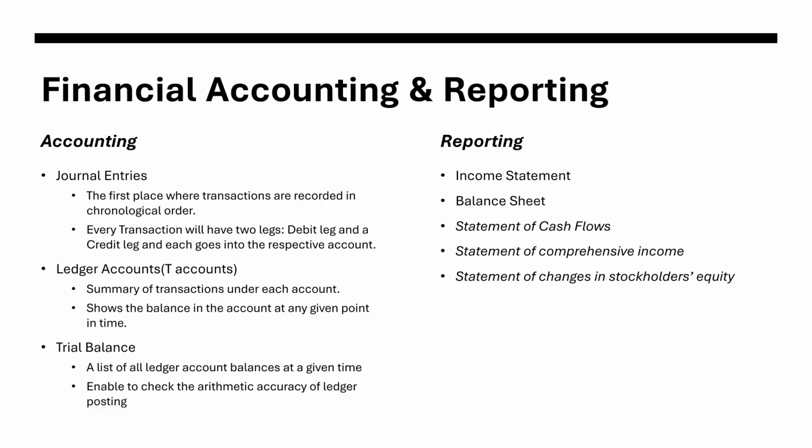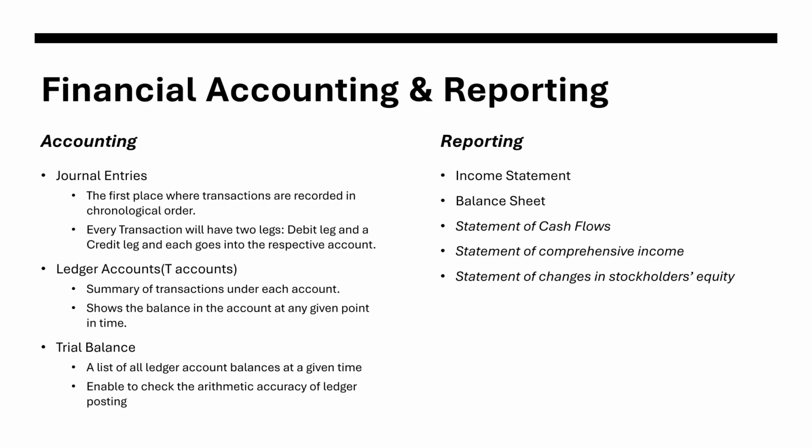So with that, we come to the end of our end-to-end example, which I hope helped you understand how a company maintains its books of accounts and does the reporting of its financial performance and the financial position.